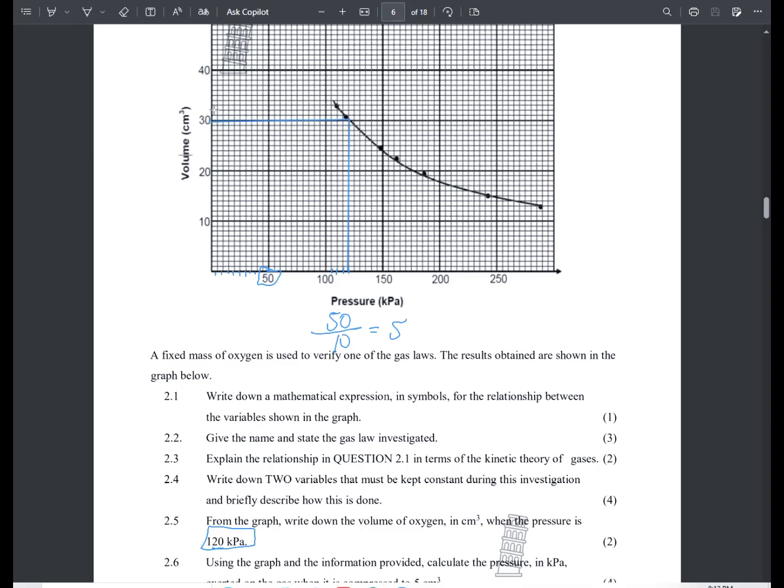The 30 centimeter cube, right? So now you have the 30 centimeter cube. Now others, maybe because of their pencil or how they do it, might land on 31, right? But then we have 30 centimeter cube right there.